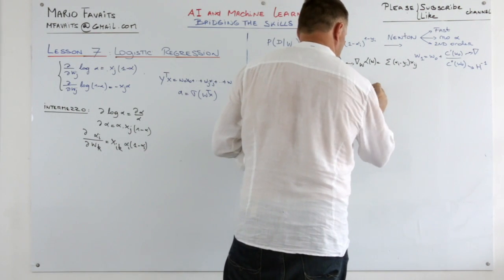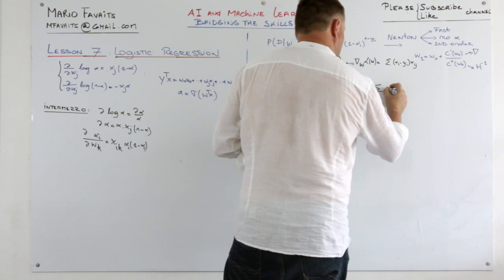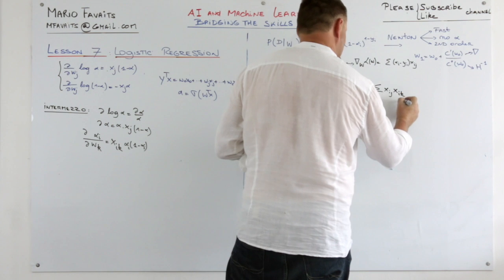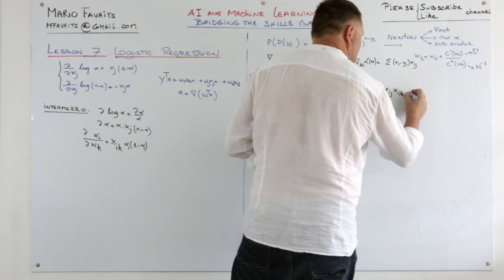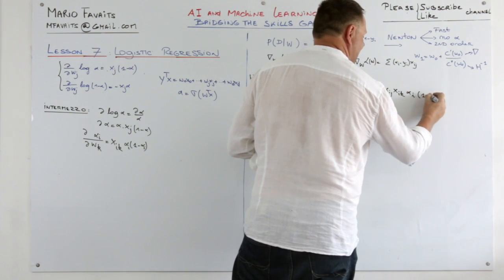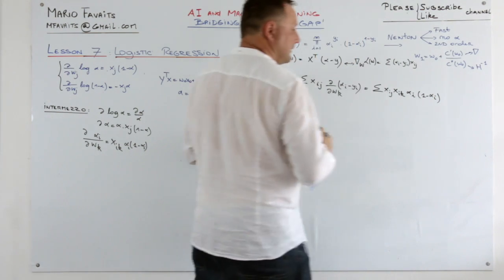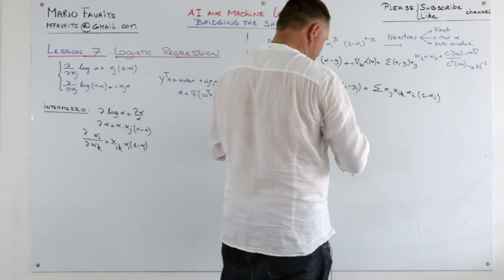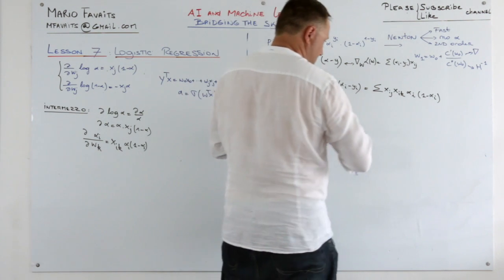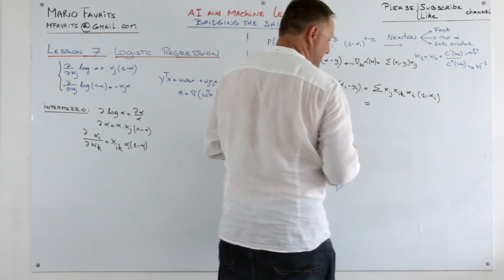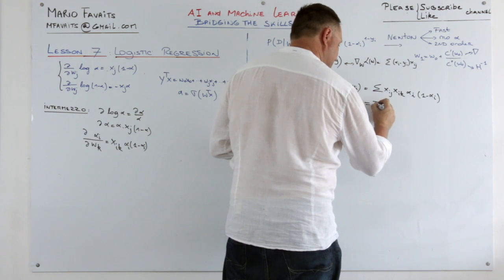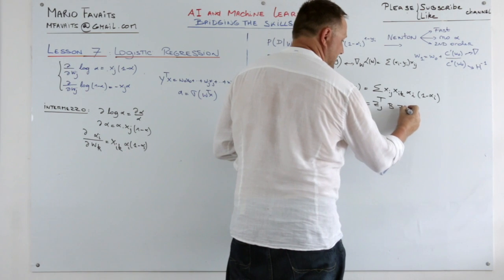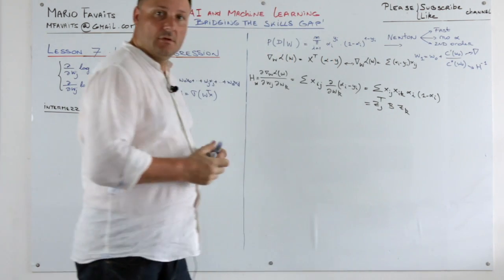This equals the sum of xij, xik, and then alpha i times 1 minus alpha i. Now this here we're going to put in matrix form as Zj transpose B Zk.